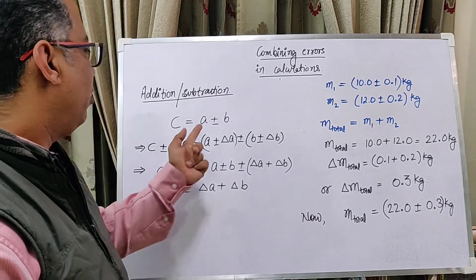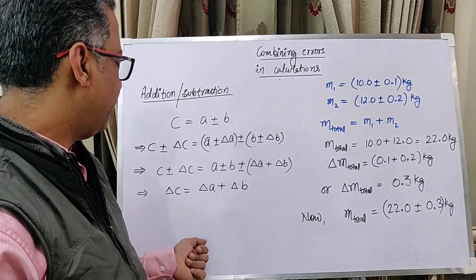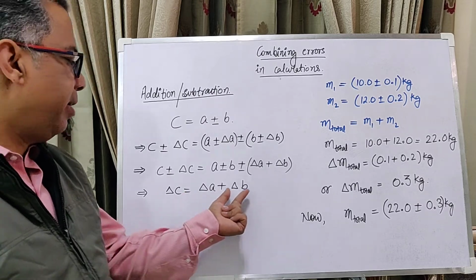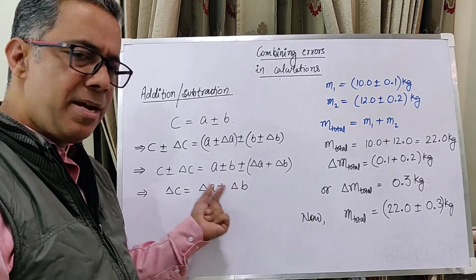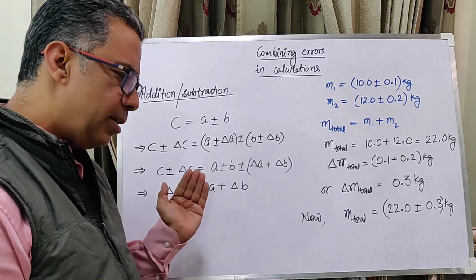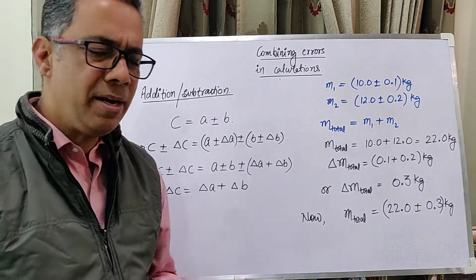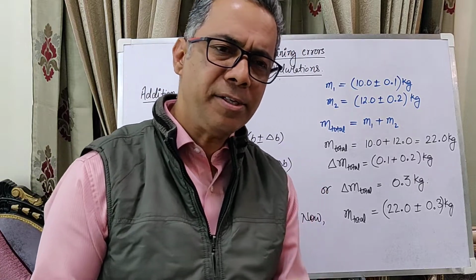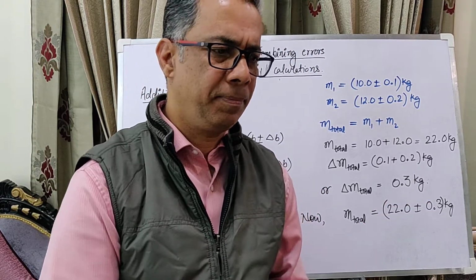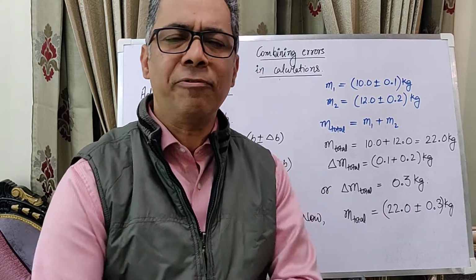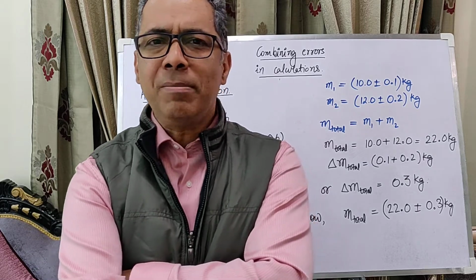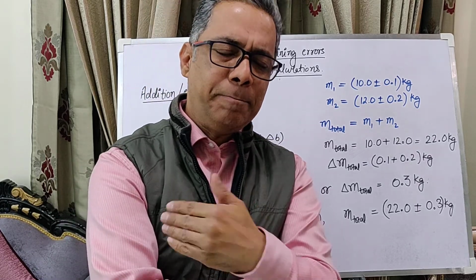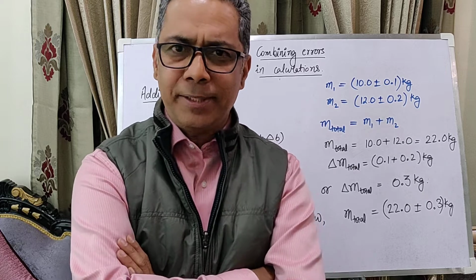Now mind you, whether it's an addition or subtraction, the final error will always be added. And in estimating errors in this manner, we always add them up. Errors are never subtracted. Now a subtraction of error would actually mean that there is a compensating error.